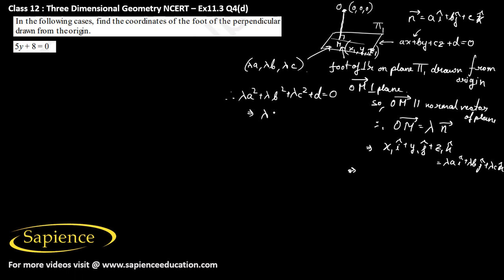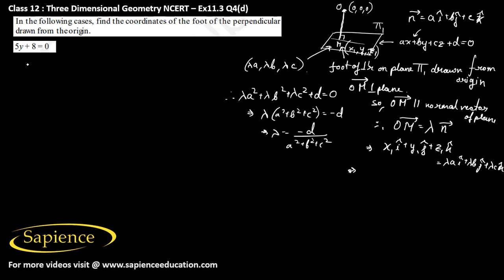So lambda into a square plus b square plus c square equals minus d. Then lambda will be minus d by a square plus b square plus c square. In this way you can find the value of lambda, and then we can put that in and get the point M.